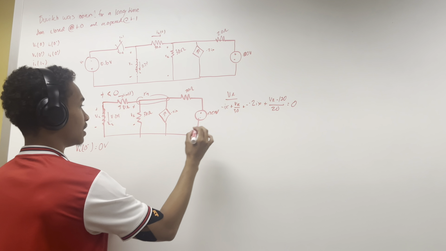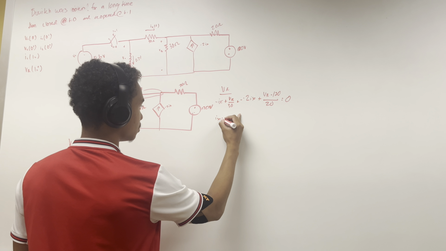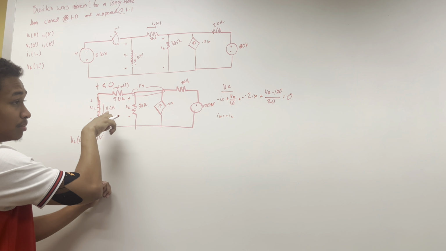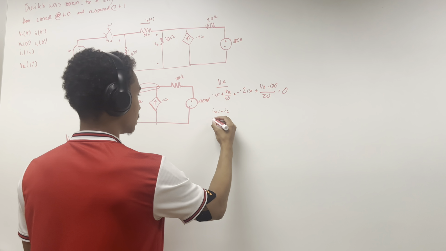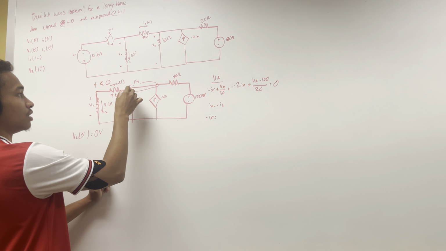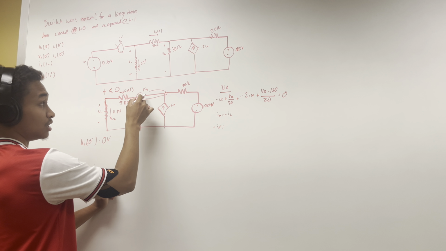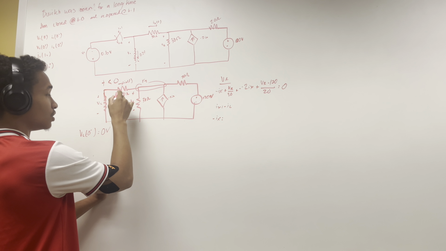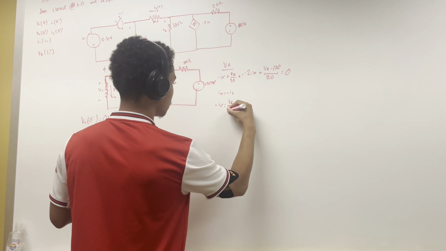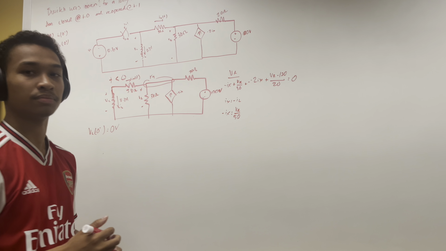We also have that IX equals negative IL because they are on the same branch but going in different directions, as well as negative IX equal to this node voltage over the resistance on this branch. So this is VR over 50.